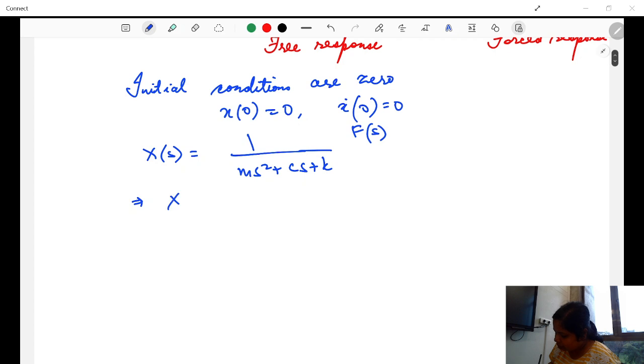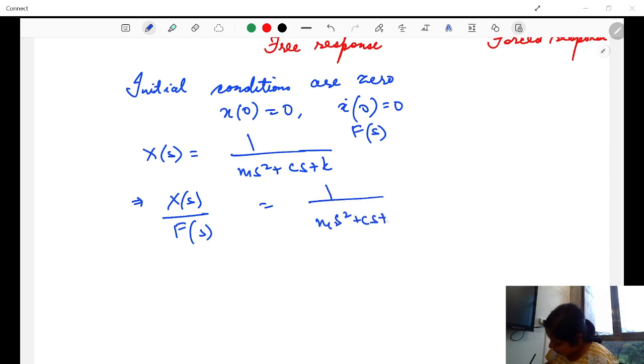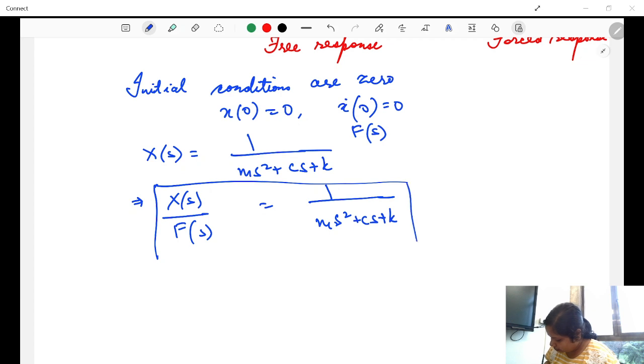So X(s) upon F(s) would be 1 upon ms square plus cs plus k. This is the transfer function for this spring mass damper system.